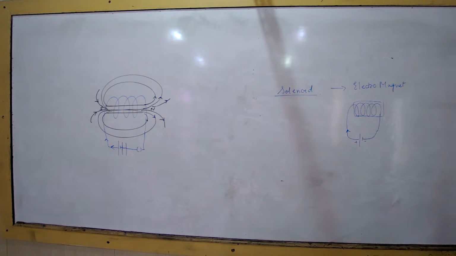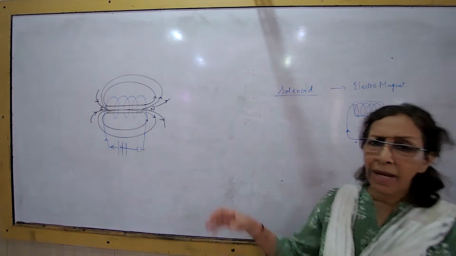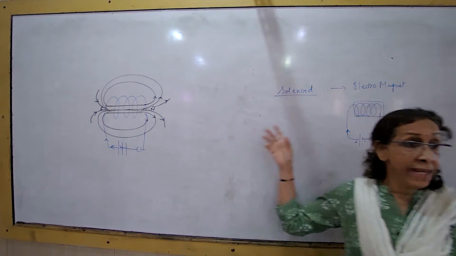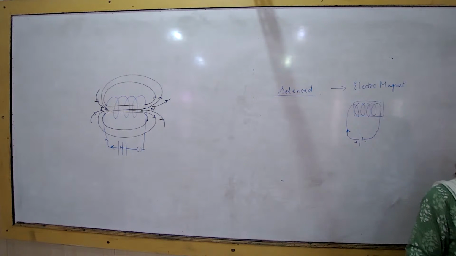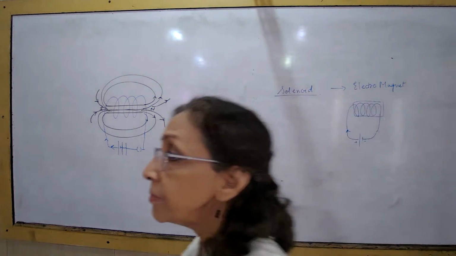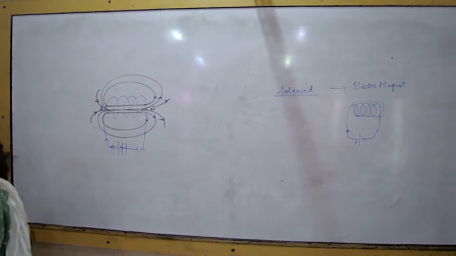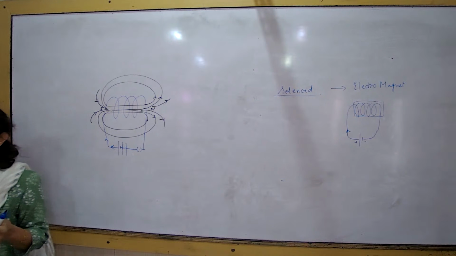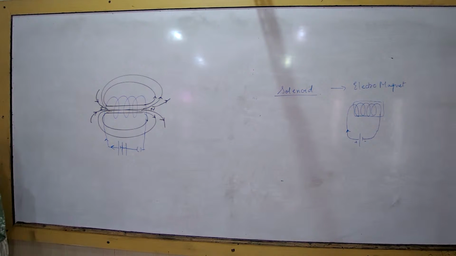Not only that, we are also talking about many different types of scientific equipment which are based on this. One of the simplest things is your motor. Where can you use a motor? A fan is a motor. Anything that's moving at home: a washing machine has a motor, a grinder has a motor, a hair dryer, a shaving machine, everything has a motor.